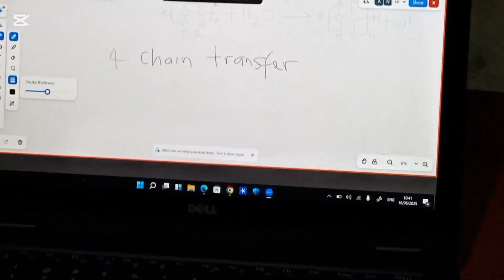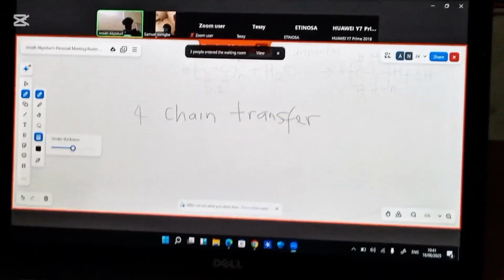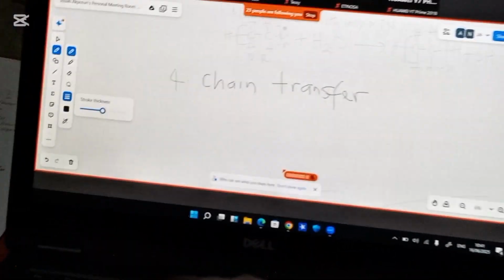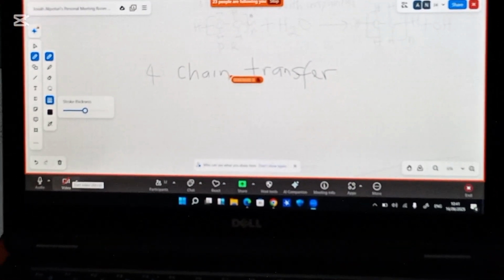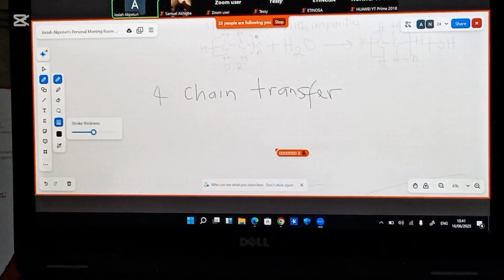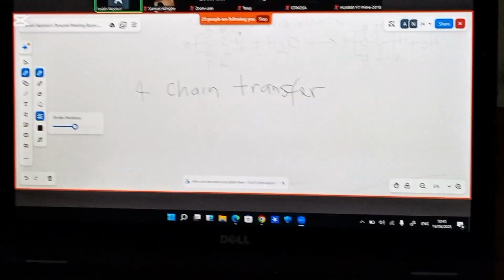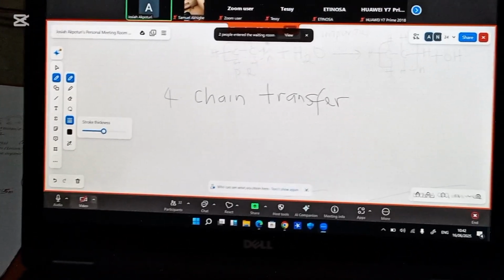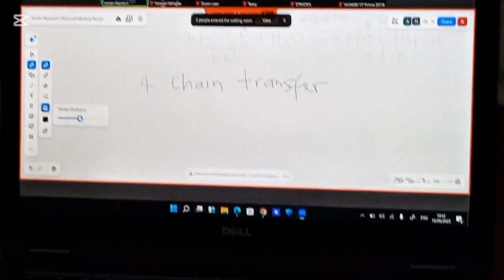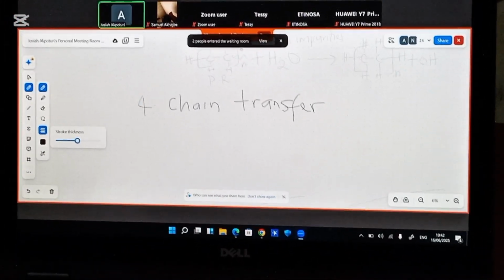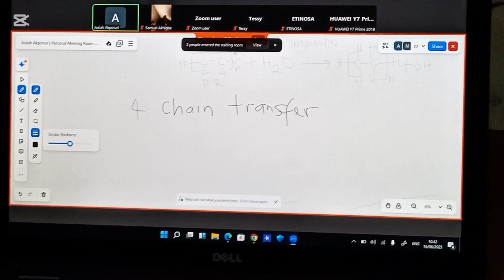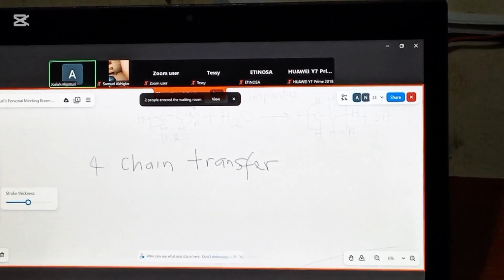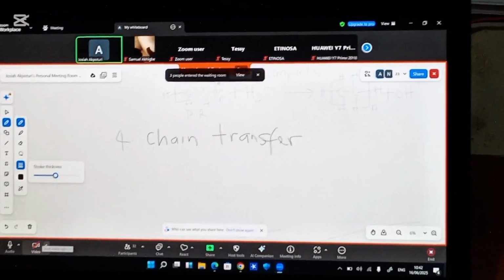The radical character can be transferred from the polymer radical to another molecule which is capable of initiating the polymerization process.